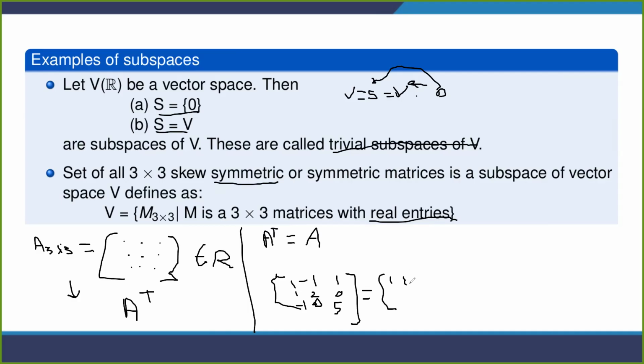This was a column; I'm doing it by row. Okay, this is not right, I did something wrong. Sorry, guys. So 1, 1, -1, I put here. Then 1, 2, 0.